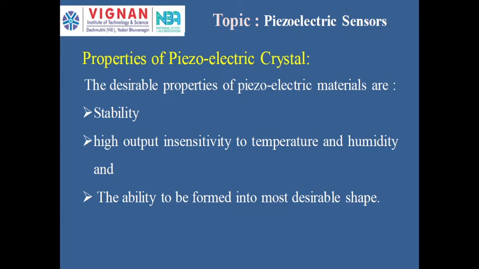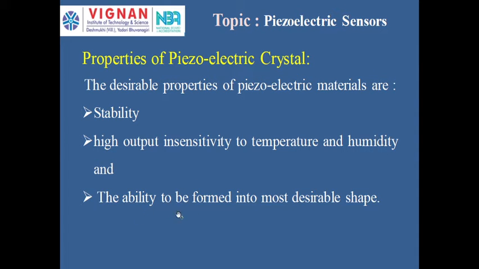If you use materials whose voltage also changes due to temperature and humidity, then we may get erroneous results. That means we get some voltage or electrical signal in addition to the force, produced due to temperature and humidity. That's why the material should have high output insensitivity to temperature and humidity.